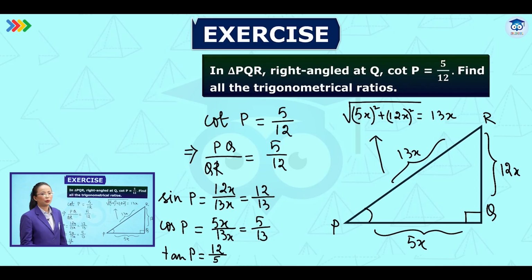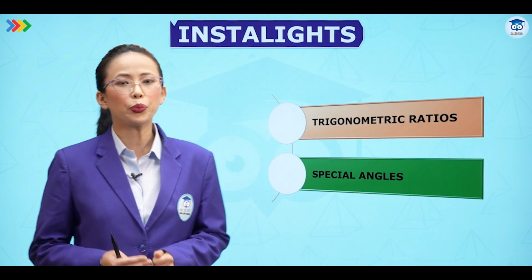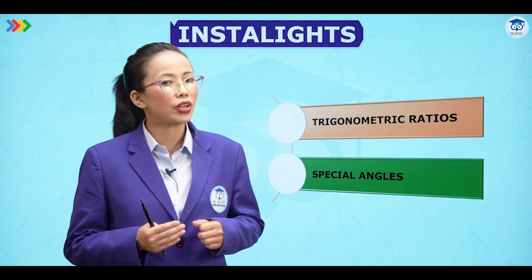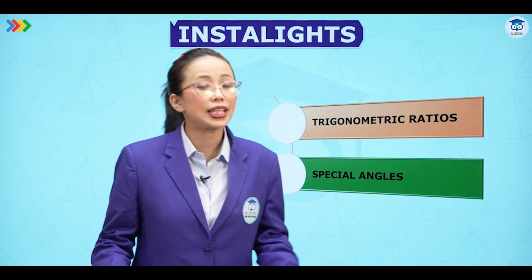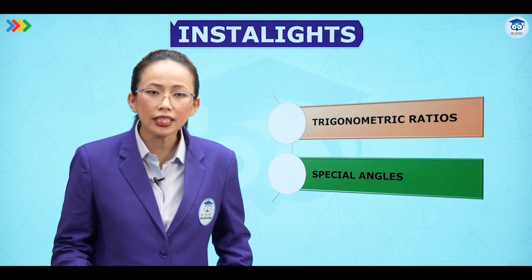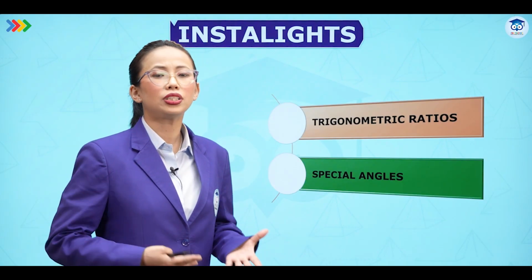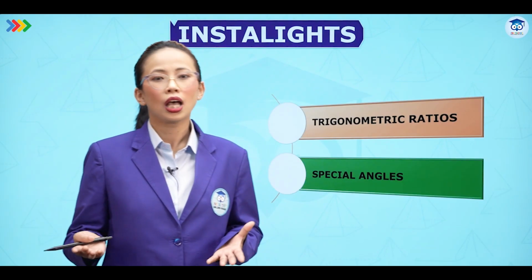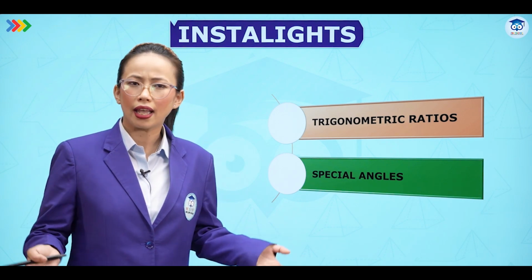That's the beauty. So let's recap what we have learned in this video. In this video, we have understood about trigonometry. Trigonometry is the branch of mathematics that deals with the angles and sides of a triangle. Now we have learned about the trigonometrical ratios: sine, cosine, tan, cosec, sec and cot.